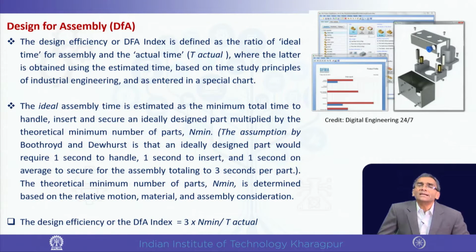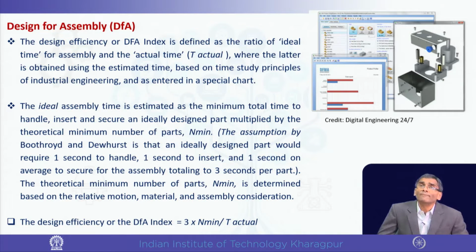It is considered to be the ratio of the ideal time of a product assembly, which is possible in principle but not actually happening in reality, divided by the actual time. What is possible is a big question; while designing, there is a way to find out what is possible. And we divide by the actual, which comes from the number of parts and the estimate of how much time each component requires to be assembled.